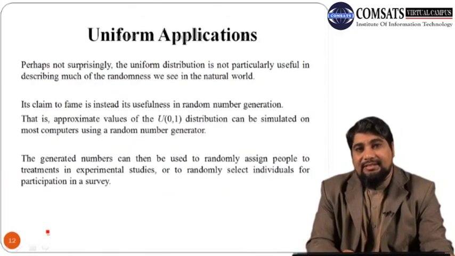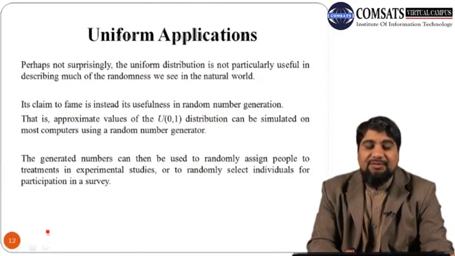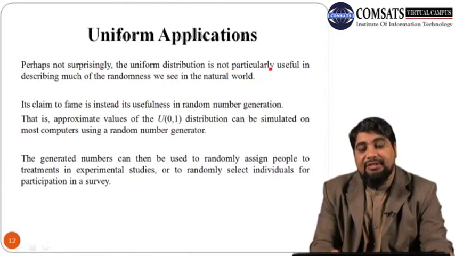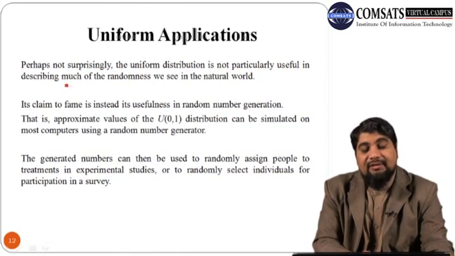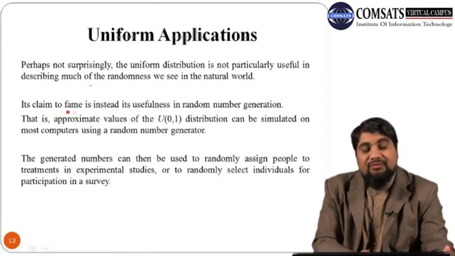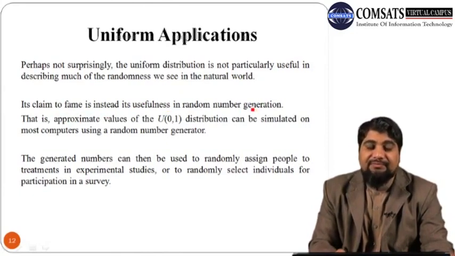Now let us discuss some of the applications of the uniform distribution. Perhaps not surprisingly, the uniform distribution is not particularly useful in describing much of the randomness we see in real life. Its claim to fame is instead its usefulness in random number generation.